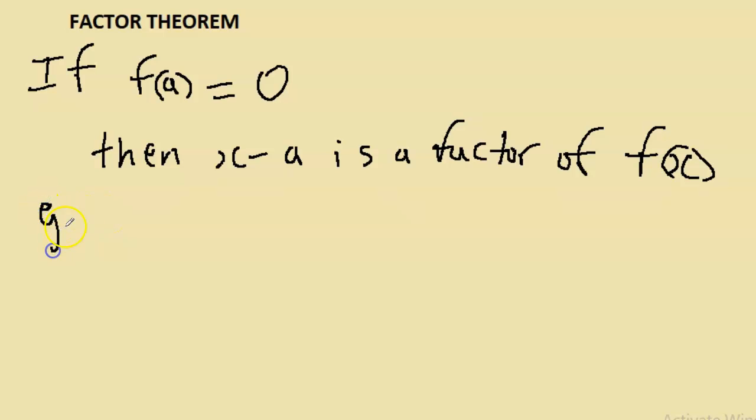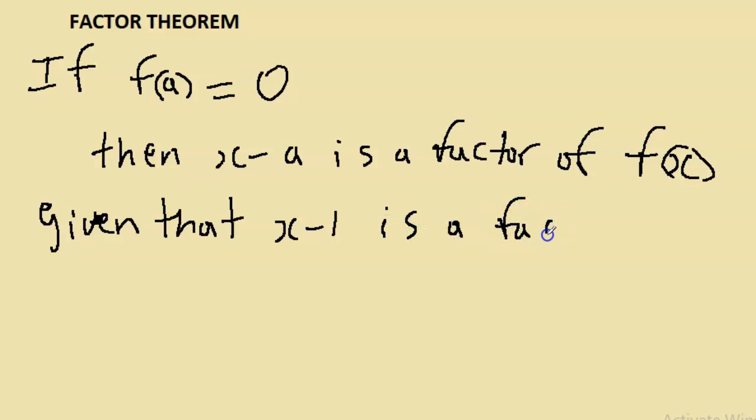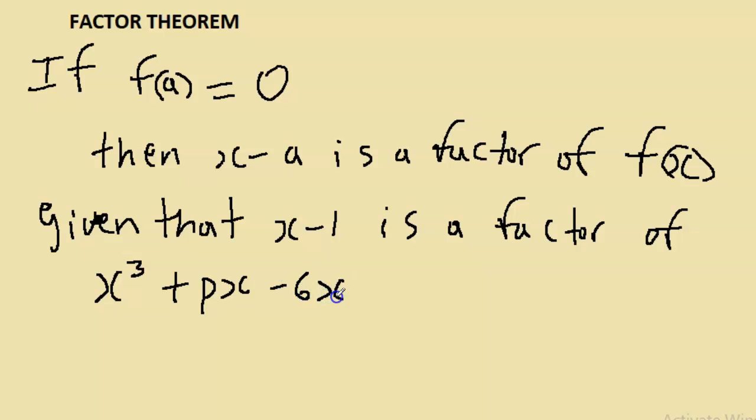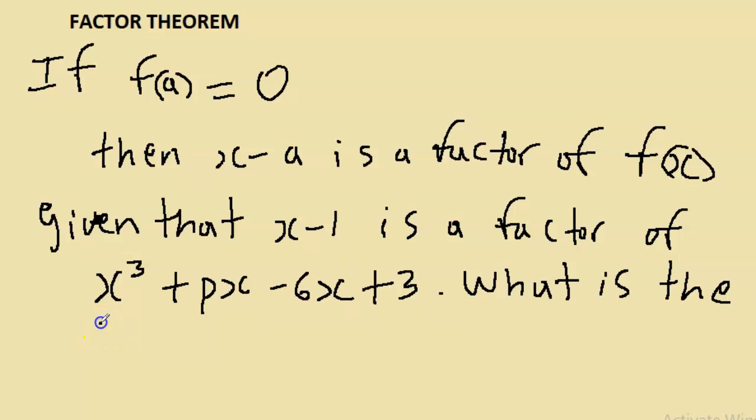So let's look at some examples with this. Given that x minus 1 is a factor of x cubed plus px squared minus 6x plus 3, what is the value of p?